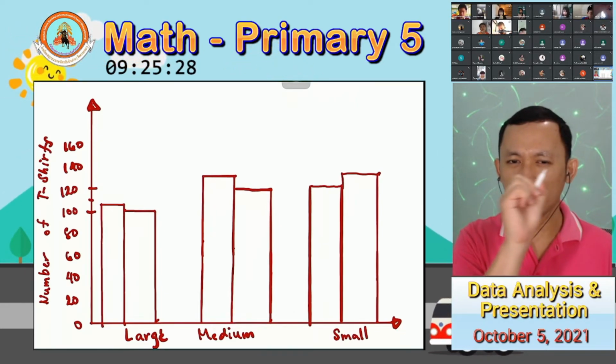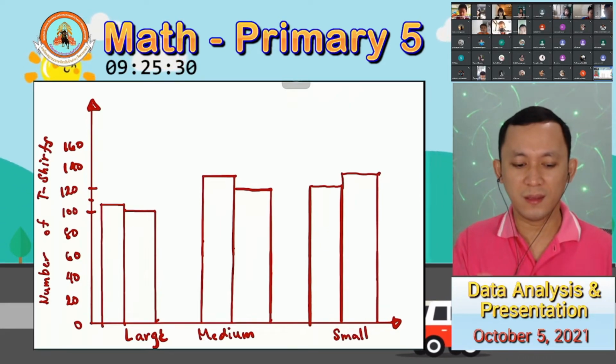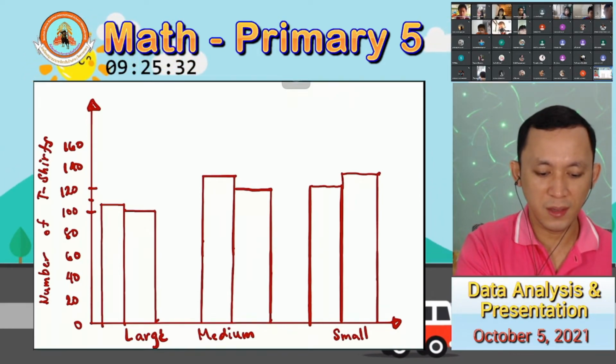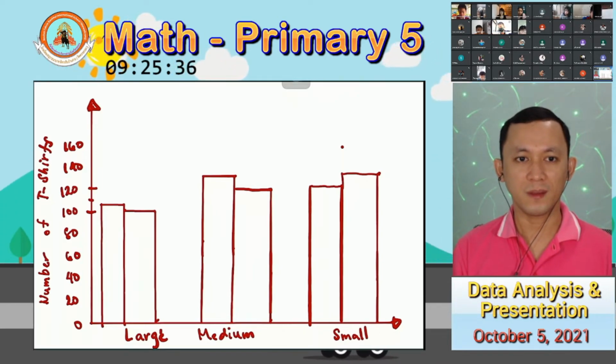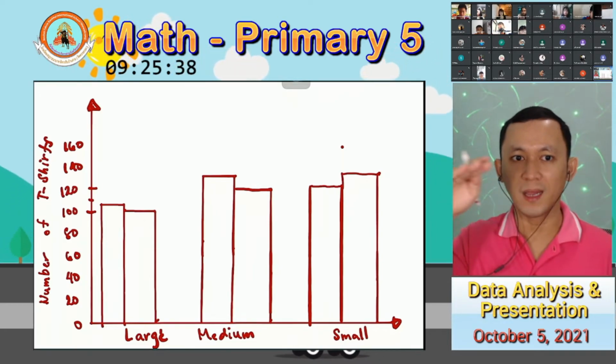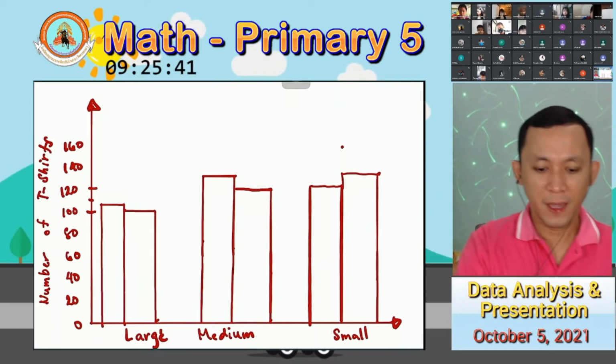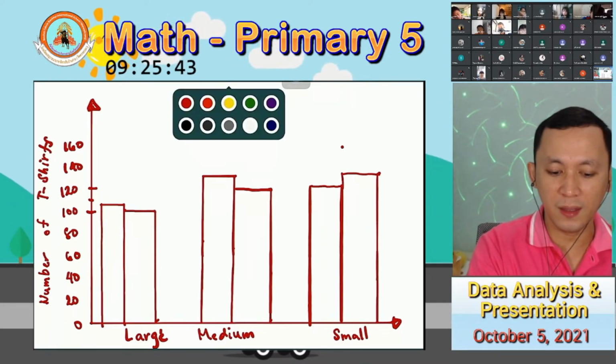So you write, make sure that the numbers are straight. They are aligned on the scale. And you can also write the numbers.